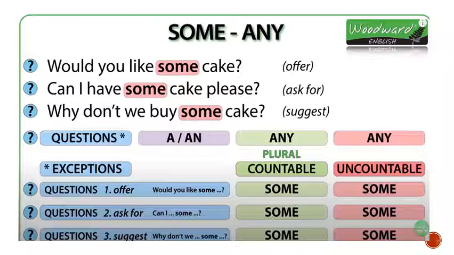Here we offer some cake. The second, can I have some cake, please? It is used some in a question when we ask for something. Why don't we buy some cake? Here we use some to make a suggestion.